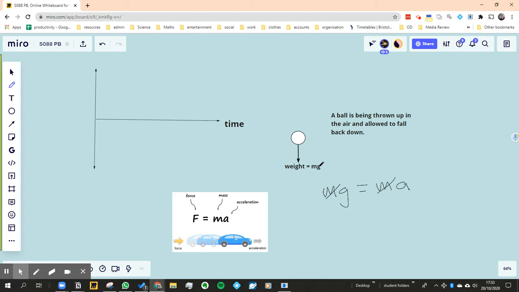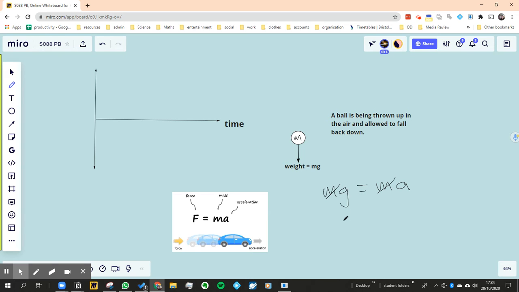Or we should really call this the gravitational field strength technically, but mass times gravity is fine for now. And then, because in Newton's second law F is equal to mass times acceleration, and this ball has a mass m, the force, which is the weight mg, is equal to ma.